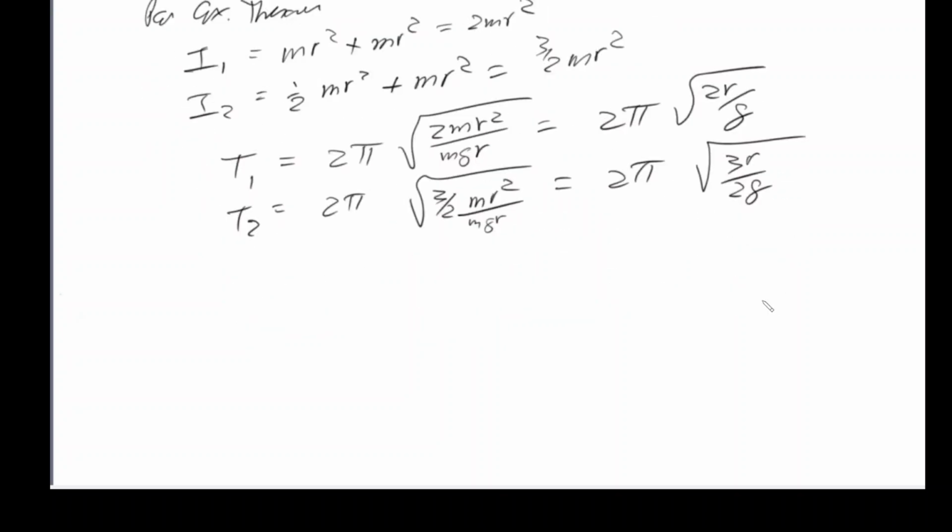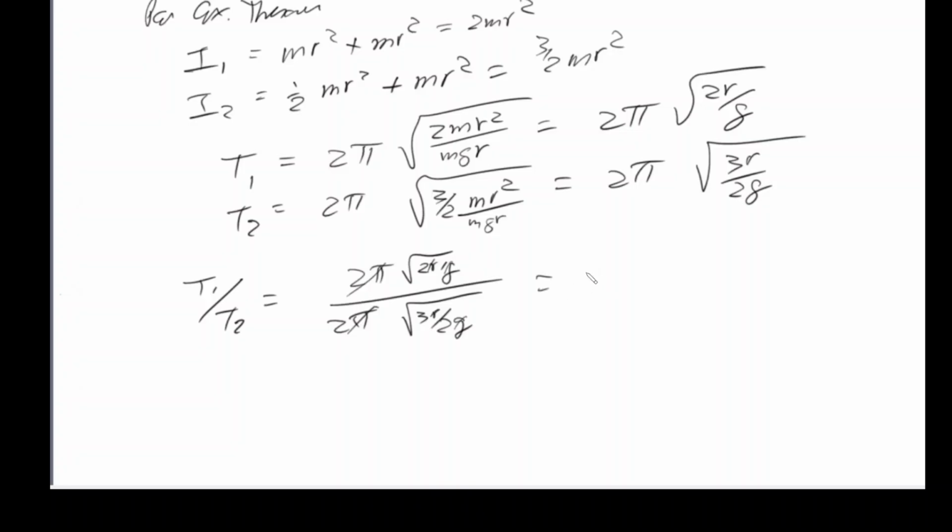And we wanted to know what the ratio of T1 to T2 is. So that's equal to 2 pi times the square root of 2r over g divided by 2 pi times the square root of 3r over 2g. Those cancel out, the g's cancel out, the r's cancel out, so that's equal to the square root of 2 times 2 over 3, which is equal to the square root of 4 over 3. So the ratio of T1 to T2 is equal to 1.2.